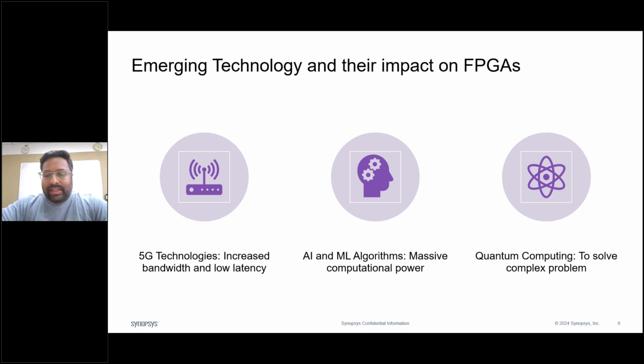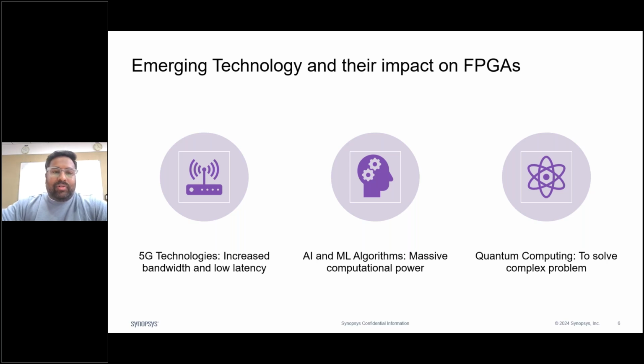So we have seen what the applications of FPGA are and what the current trends in FPGAs are. Now let's look at the emerging technologies and their impact on FPGAs. I have found some key areas where FPGA will have a very big impact. One of them is 5G technology. 5G is the next generation wireless communication standard, which demands very high speed and very low latency.